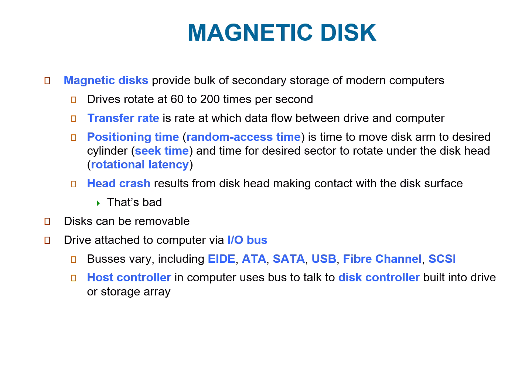Positioning time, which is your random access time, is important, and the seek time. So how do you get information? And the rotational latency is also very important. Head crash is also important, because it depends on whether the disk surface is smooth or bad. So these are all very important.